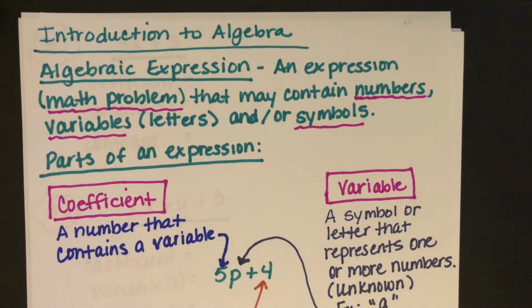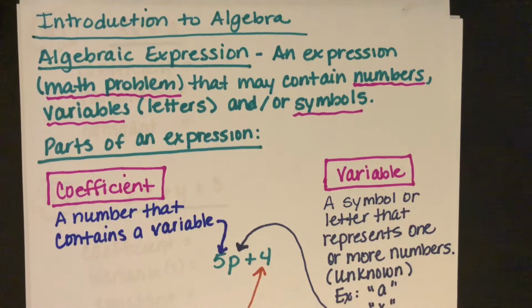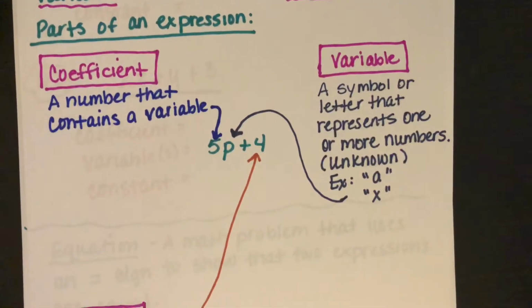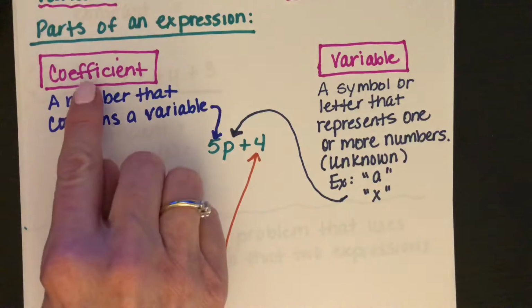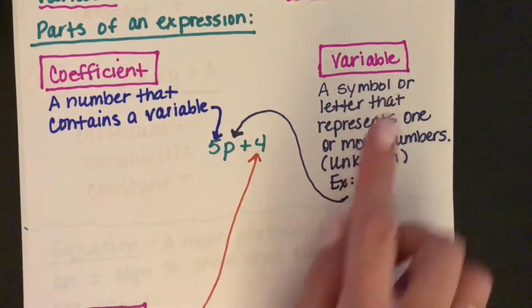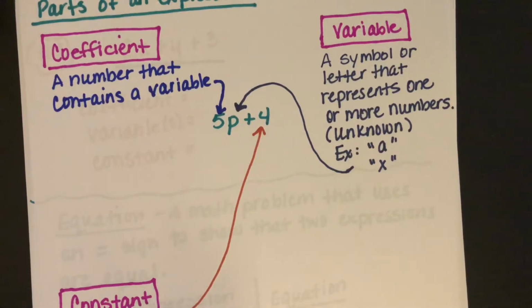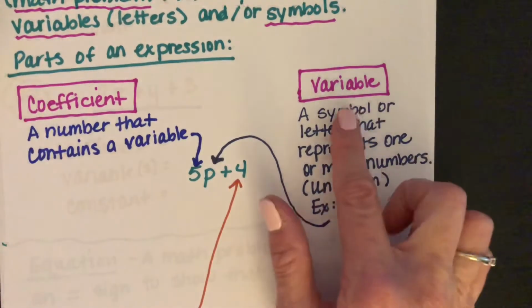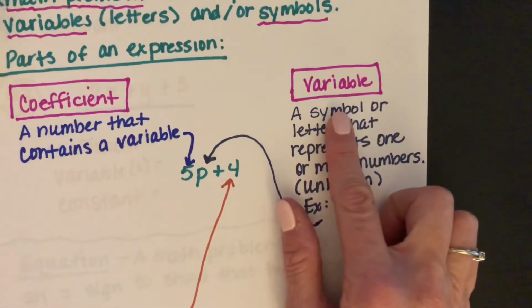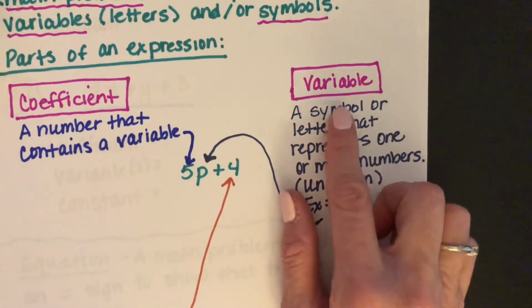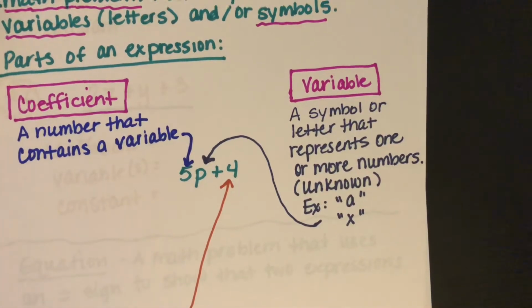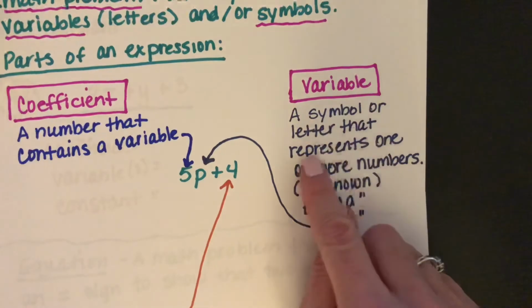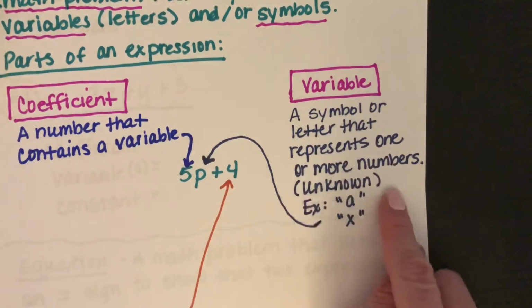So let's talk about parts of an expression. You have your coefficient, variable, and then down here we have constant. The first one I want to talk to you guys about is actually what a variable is. We've already talked about this a little bit, so you should be somewhat familiar, but a variable is a symbol or letter that represents one or more unknown numbers.